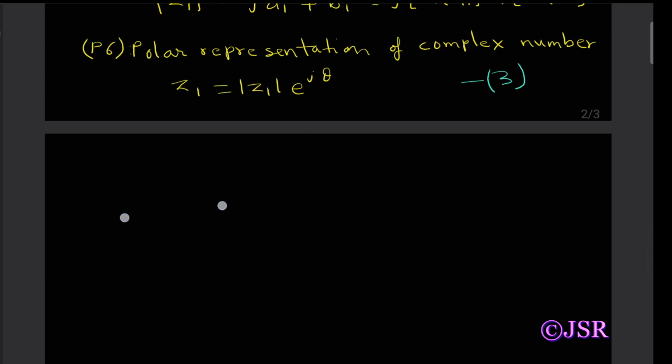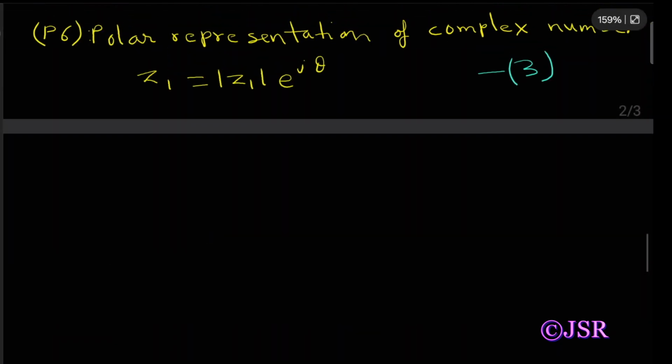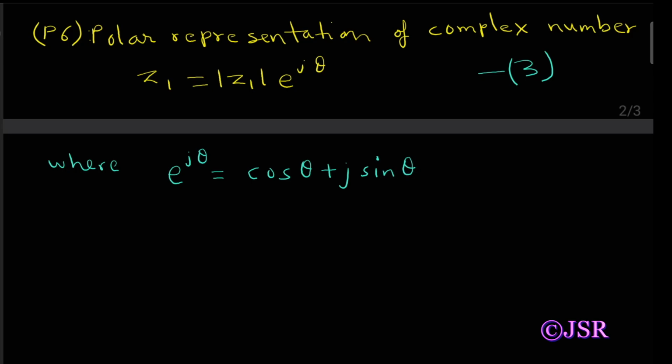So where e to the power j theta is cos theta plus j sin theta, or sometimes it is also written as cis theta.